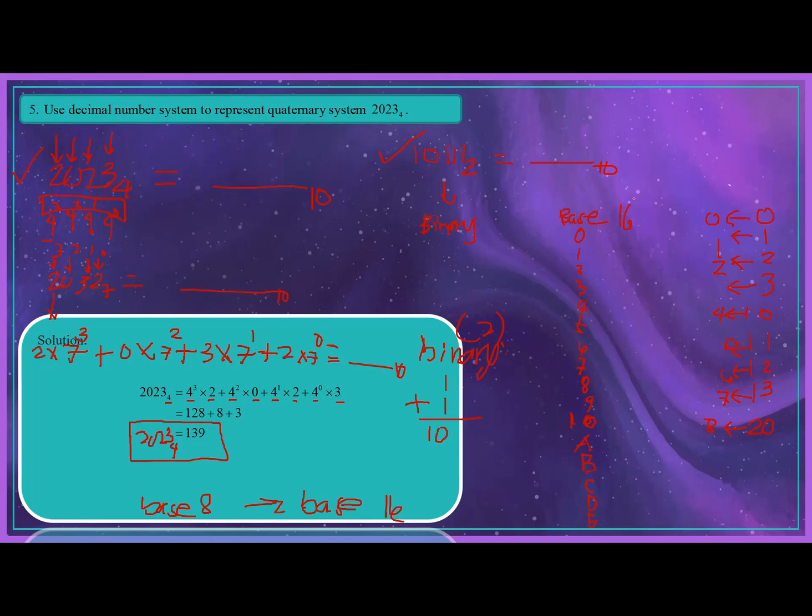So basically, these are numbers in base 16. If base 16, you have a number like A, E, B. These numbers are used mostly in computers, but in computers we use binary.